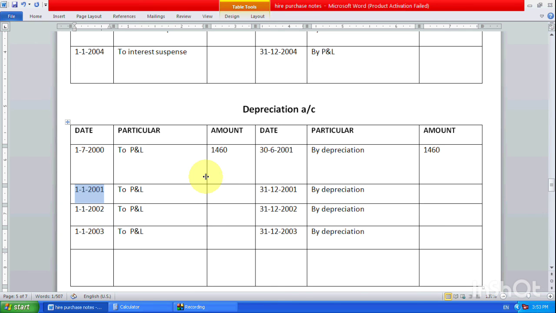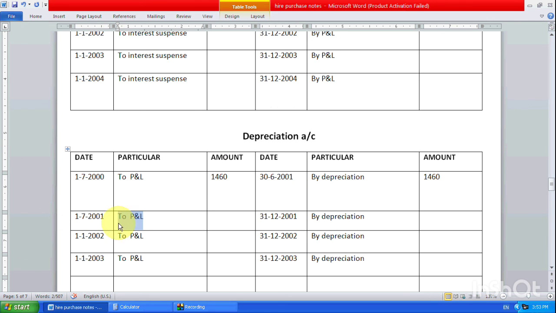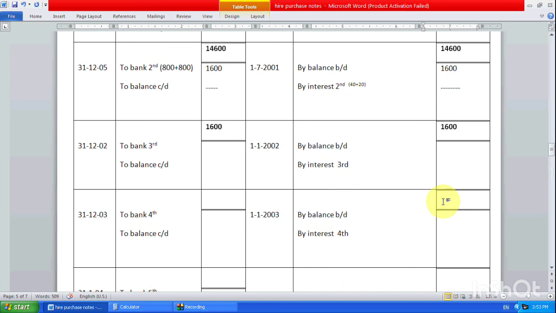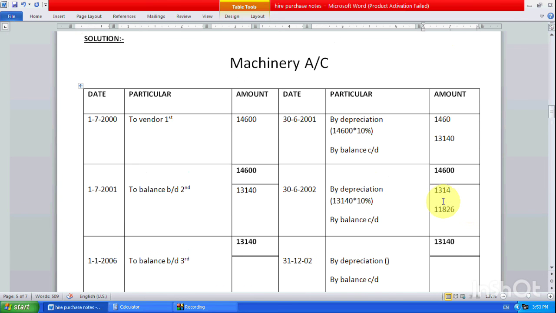Now 1st July 2001 to P&L, how much are we getting? 1,314. You remember 1,314 for the second year, second half. 30 June 2002 by depreciation 1,314. For 1 year also we can say 1,314.